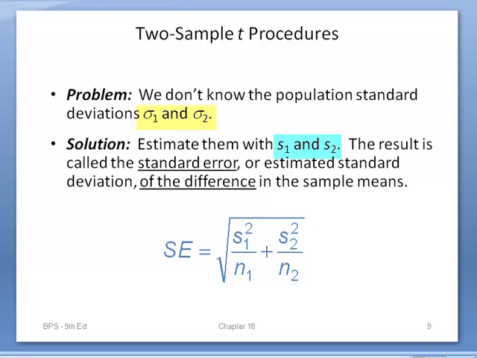We're going to have to estimate sigma 1 and sigma 2 with the sample standard deviation for each of those samples. So now our standard error is going to look like the square root of s1 squared over n1 plus s2 squared over n2. That will be our standard error, and that will bring us to using Table C, which is the t-distribution.